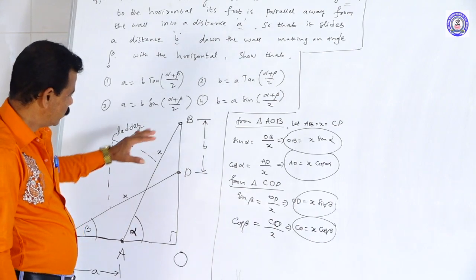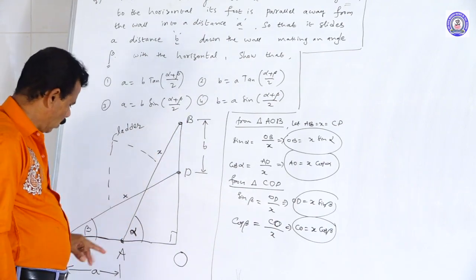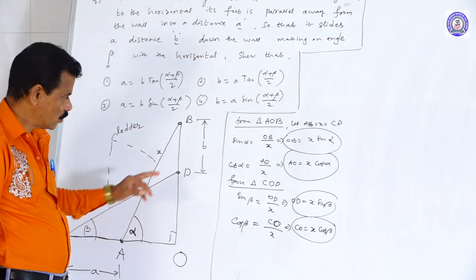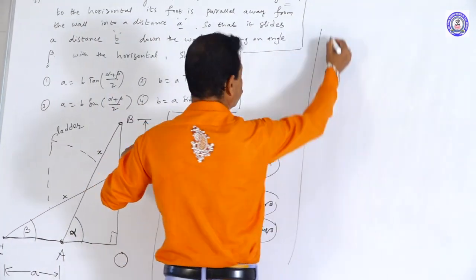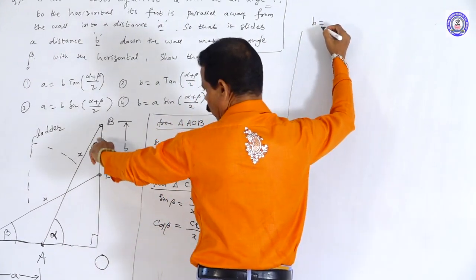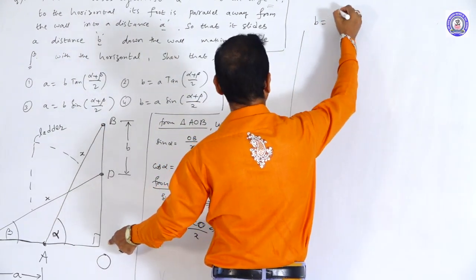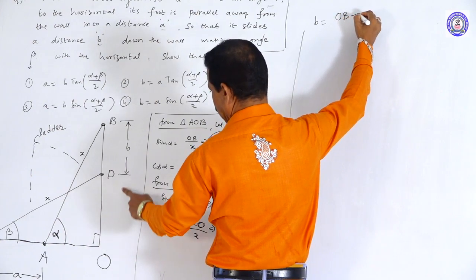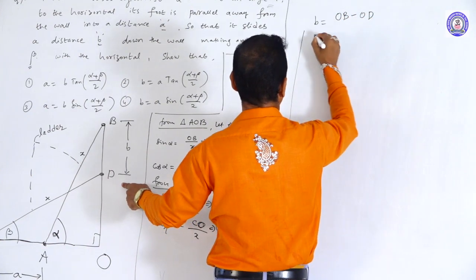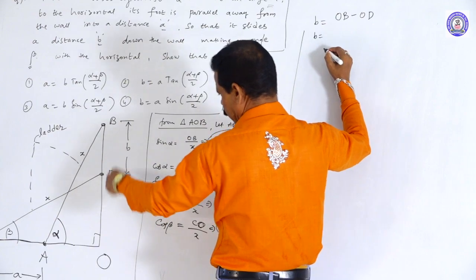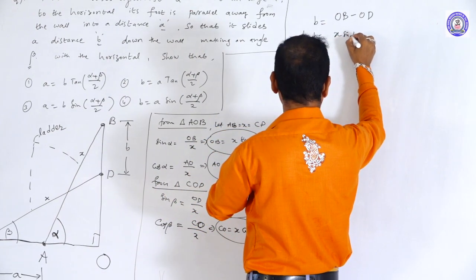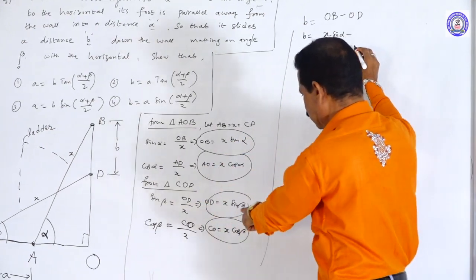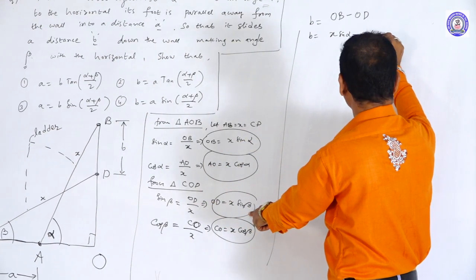So from the diagrams, what is the B value and what is the A value? First, to find the B value, B is equal to OB minus OD. OB is X sin alpha, minus OD, which is X sin beta.